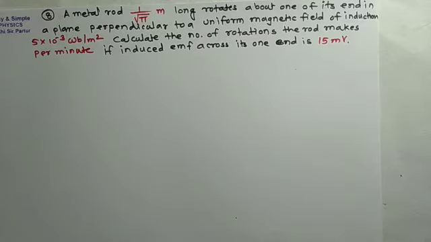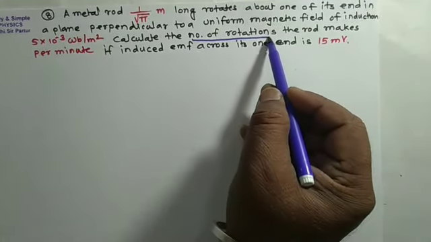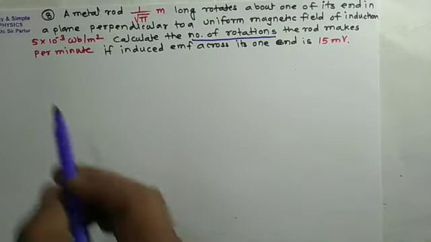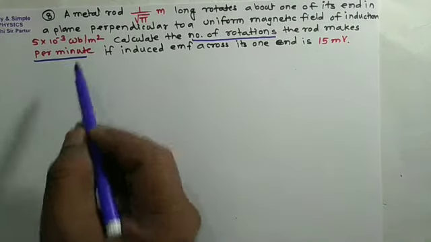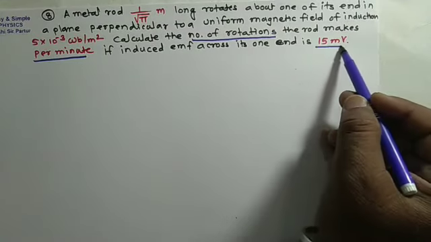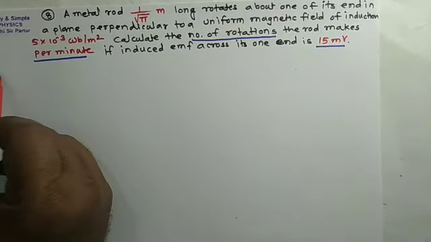Calculate the number of rotations, meaning the frequency, the rod makes per minute, if the induced EMF across its ends is 15 millivolt. So such a numerical can be solved.